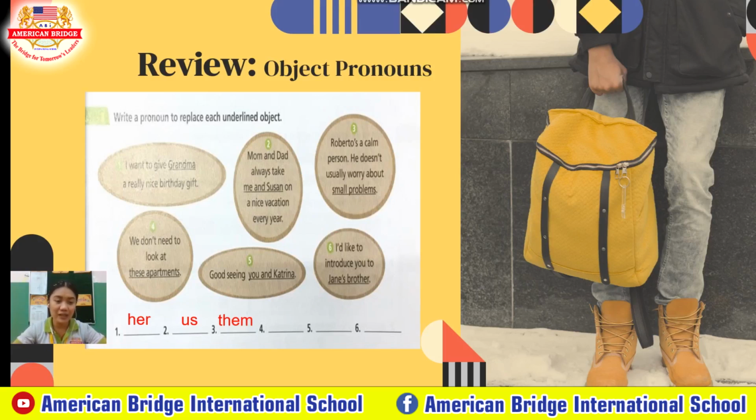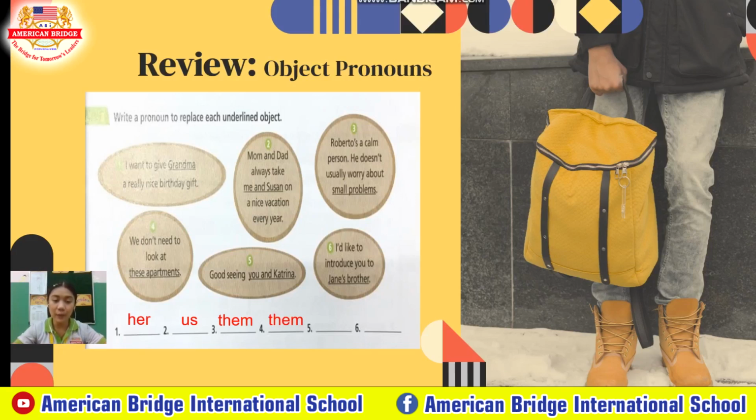We don't need to look at these apartments. These apartments is the underlined words. So let's change to them also. We don't need to look at them. So this is our object pronouns.